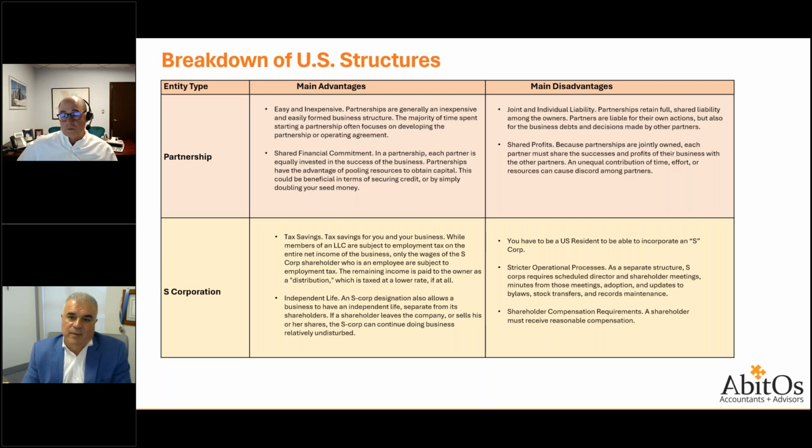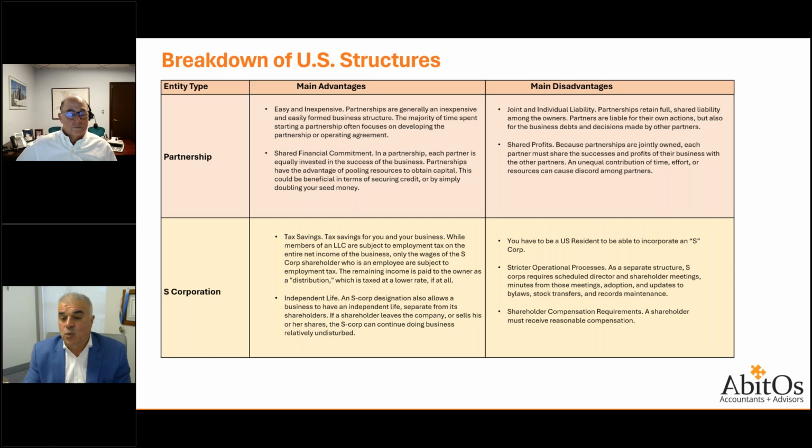These last two are partnerships. Normally, for instance, if you come from Spain, this is your typical SRL. It's your partnership where the partnership does not pay taxes, but rather it flows down to the individual, and that individual is going to be taxed on his or her proportional share in the profits that the partnership has.